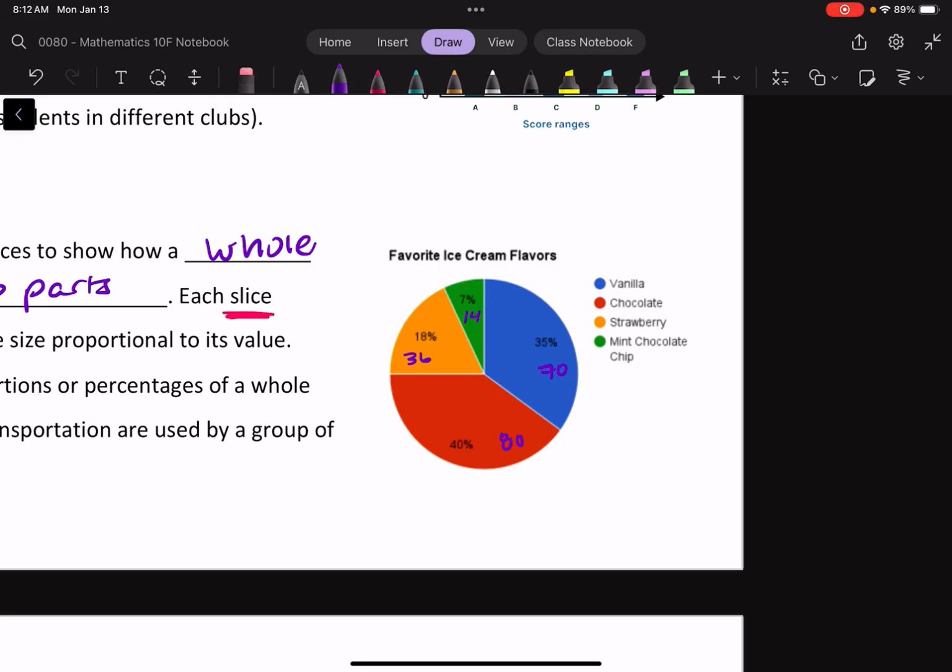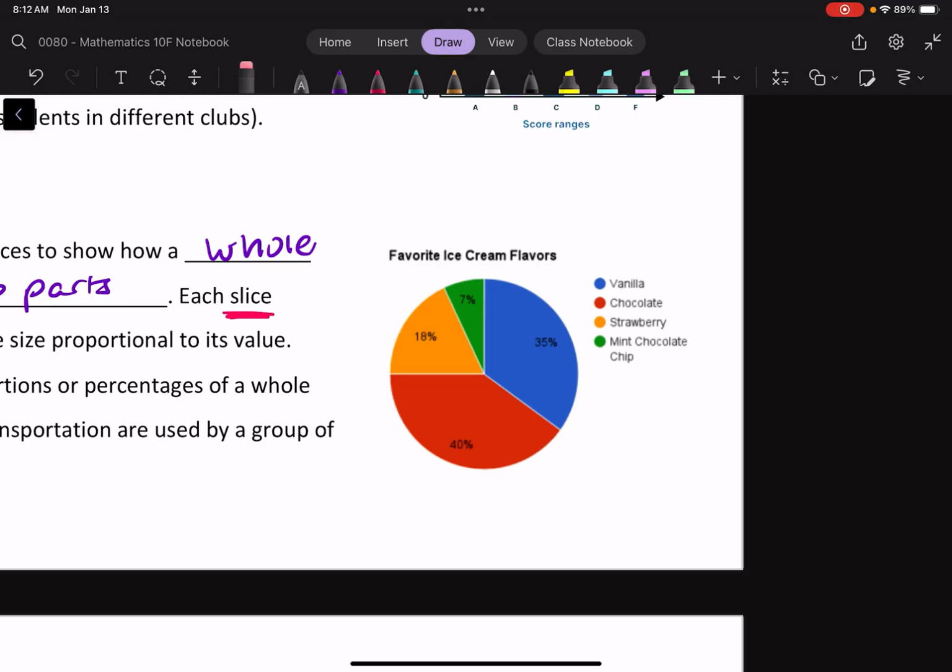And why that might be helpful is it also then tells me, okay, if I'm having an ice cream party for all of these people here that were selected, I know I need to buy 70 servings of vanilla, right? So that can be a helpful bit of information. Also, we know that for samples, we have to survey at least 10% of the population.